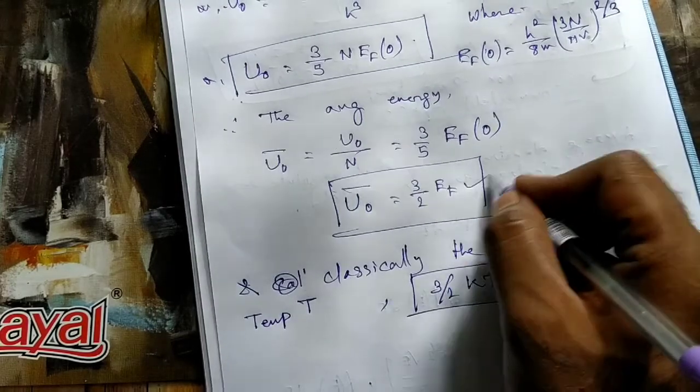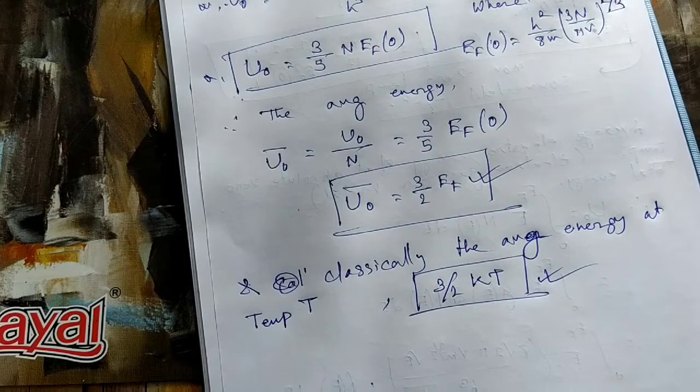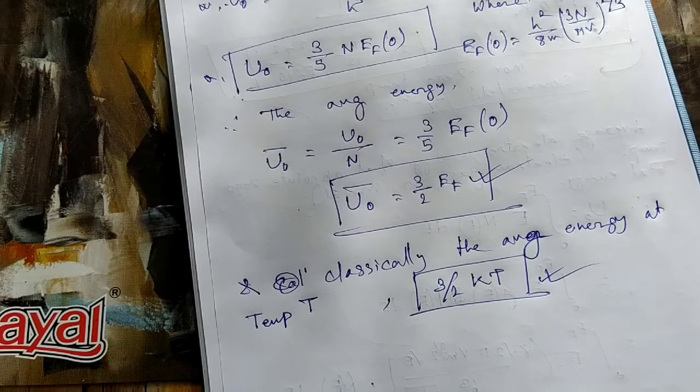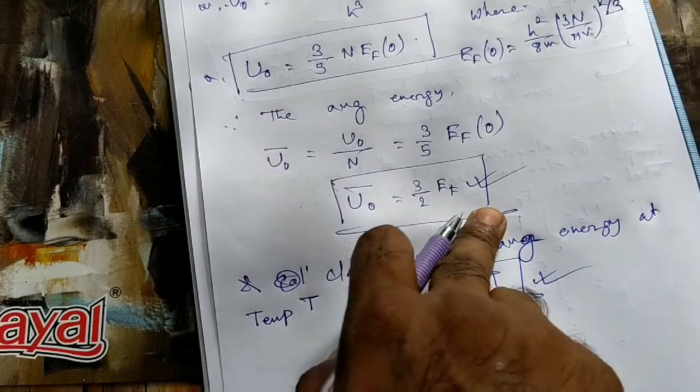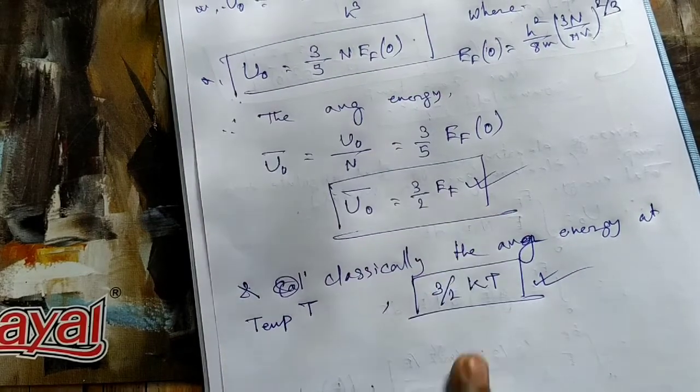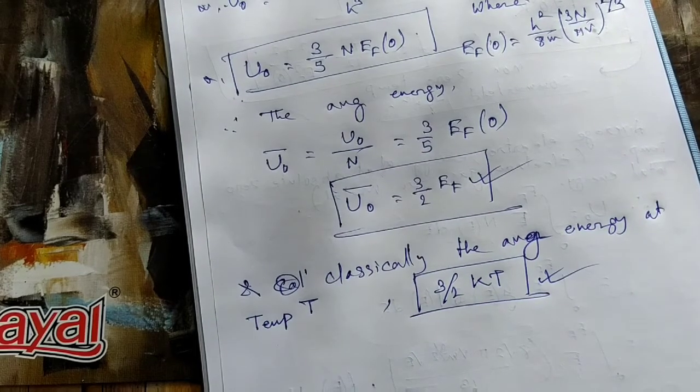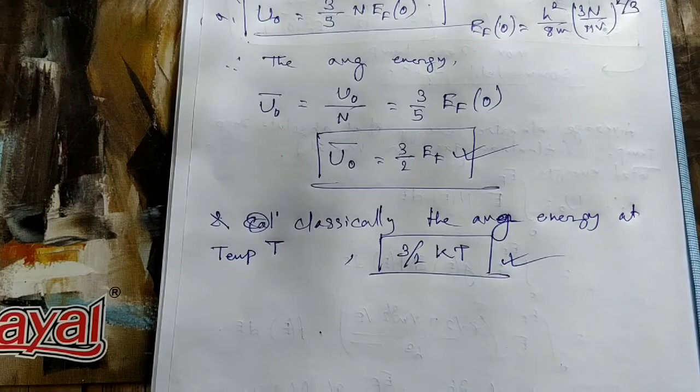From this we can easily see that EF is equal to kT. It is for the classical system, this is for the quantum system. Clear? So in this lecture we have calculated the total energy of the system and the average energy of the system. Thank you.